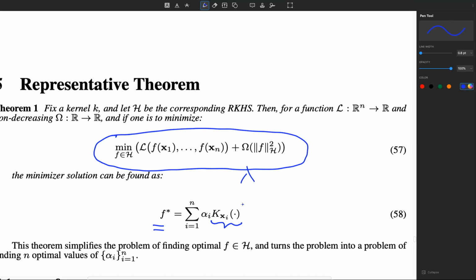By the way, we don't have time to go through the proof, but once you know this is true, what can you do with this? How do you exploit this property?